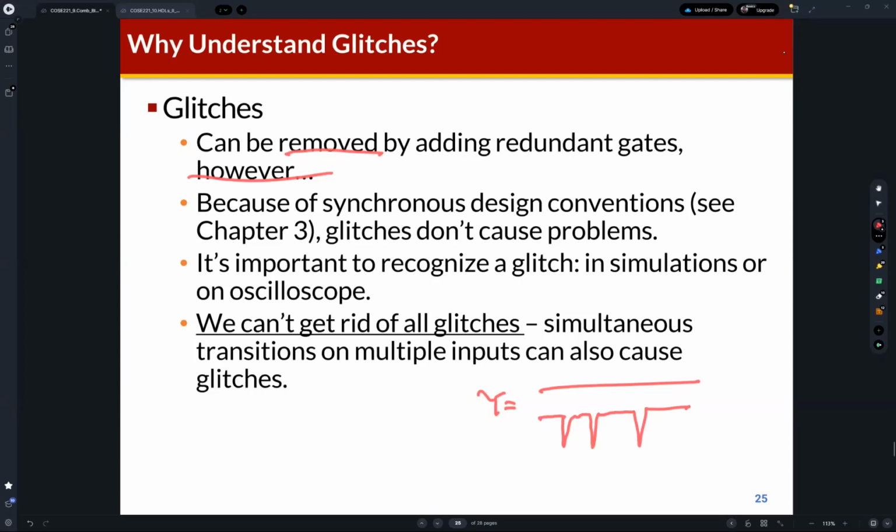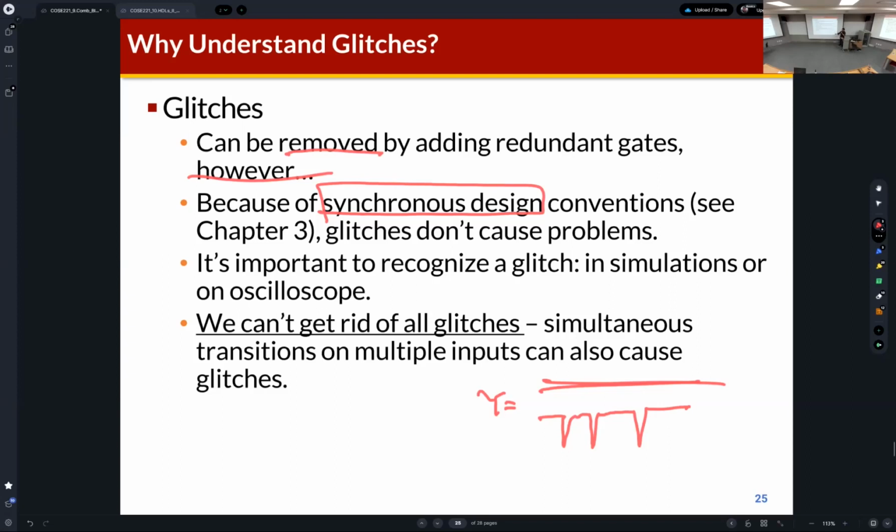So we don't get a clean signal. Then we need to add the redundant gate, but we don't like this situation either, because it requires more hardware resources.